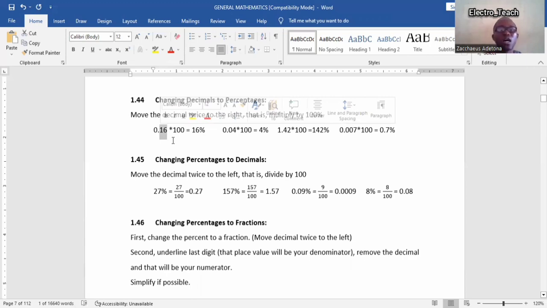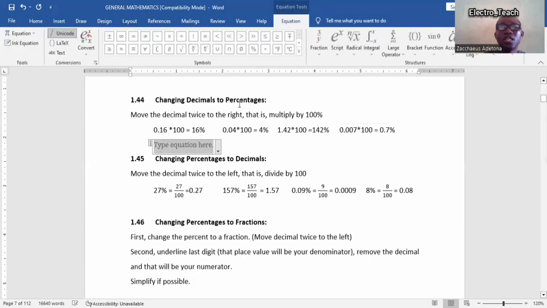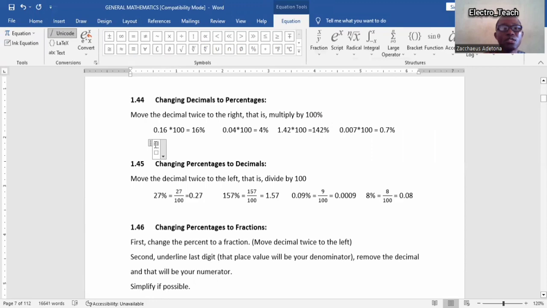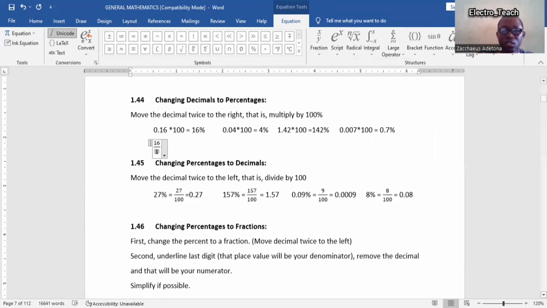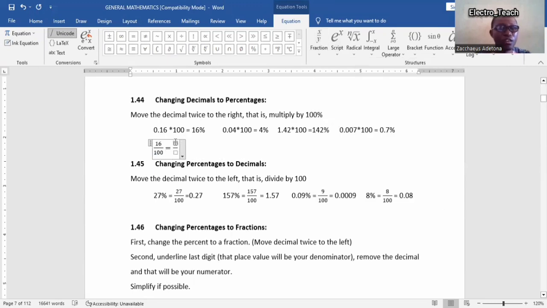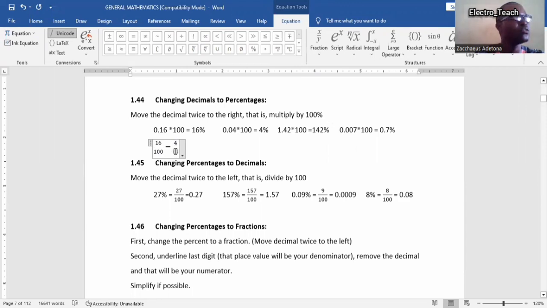If we divide through by 4, 16 divided by 4 is 4, and 100 divided by 4 is 25. So we get 4/25.